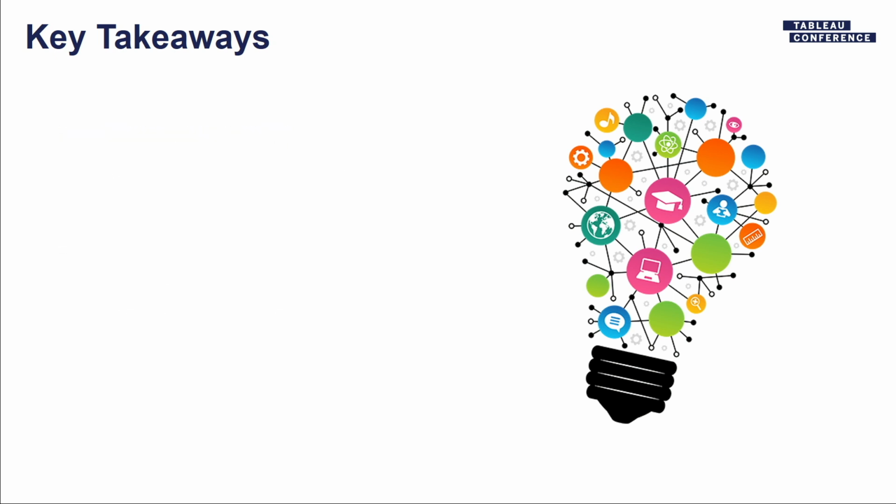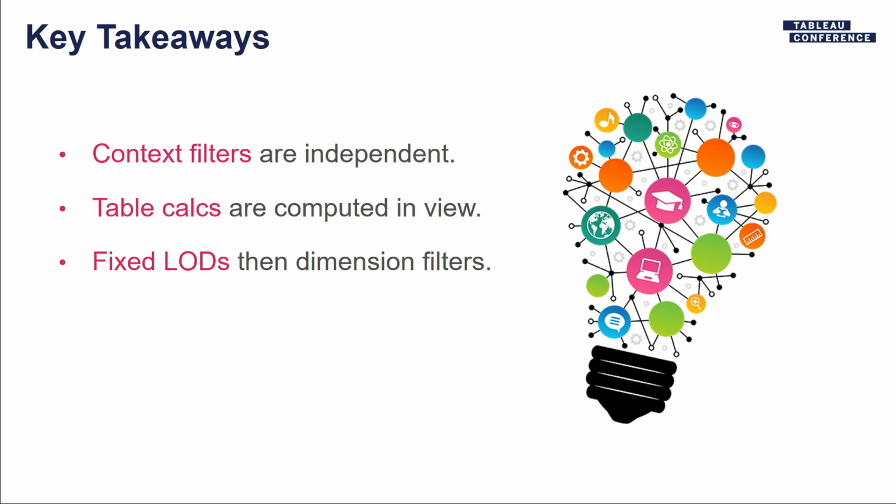I told you that it is not important to remember the query pipeline by heart, but if you want to remember just 3 things, I suggest these 3. The first one is that context filters are independent from anything else in the view. So if you need a filter that is independent, go for the context filter. The second one, which is kind of the opposite, is the table calc filter.